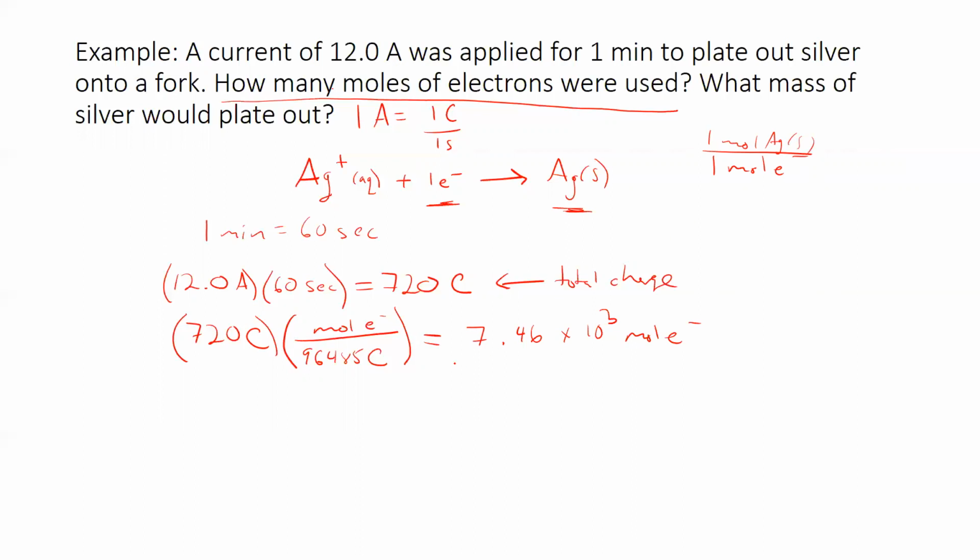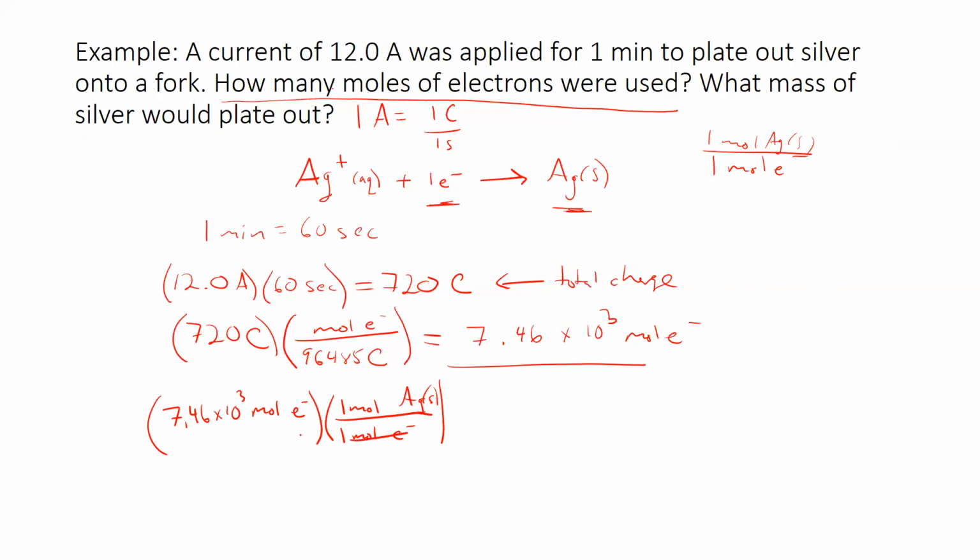We can use that and the number of moles of electrons in order to determine the mass of silver, as long as we know the molar mass of silver. So you take your 7.46 times 10 to the minus third moles of electrons. You know you have 1 mole of electrons for every 1 mole of silver.